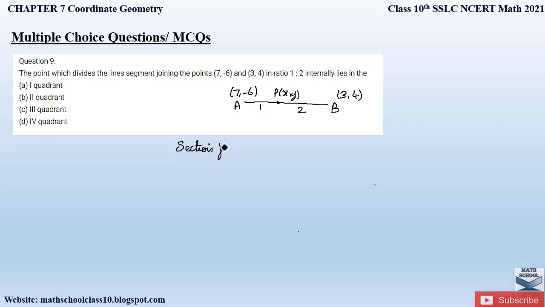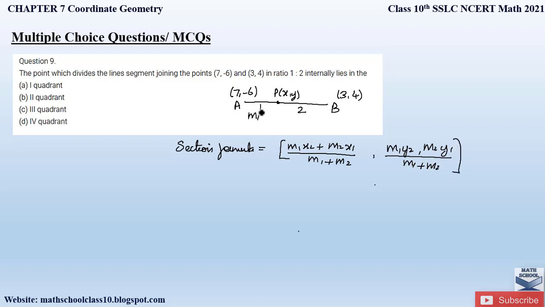So section formula is given by (m1 x2 plus m2 x1) divided by (m1 plus m2). This is the x coordinate of this point P, and the y coordinate will be (m1 y2 plus m2 y1) divided by (m1 plus m2). So here our m1 value will be 1 and m2 value will be 2, and let us assume point A to be (x1, y1) and point B to be (x2, y2).